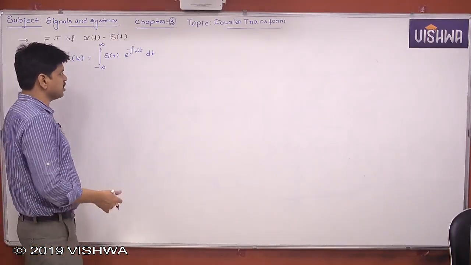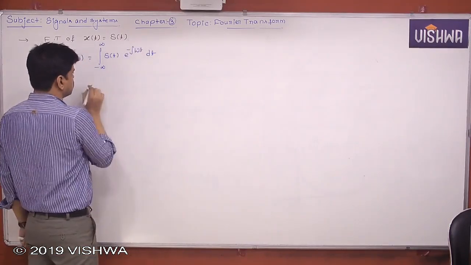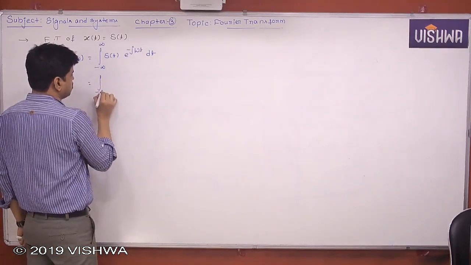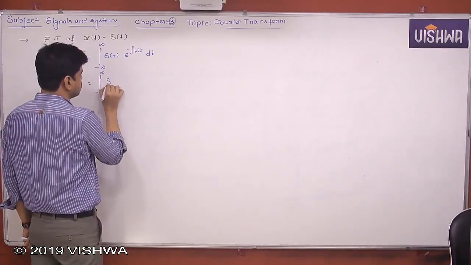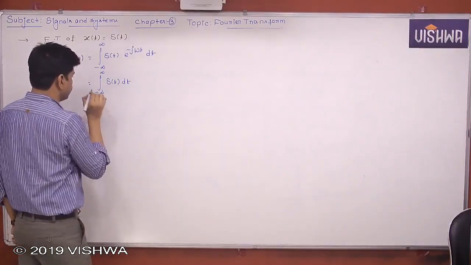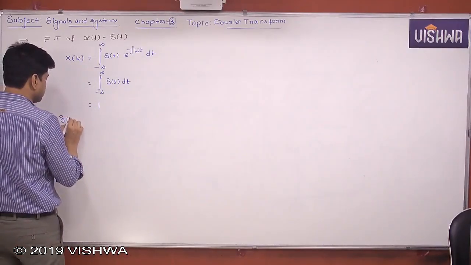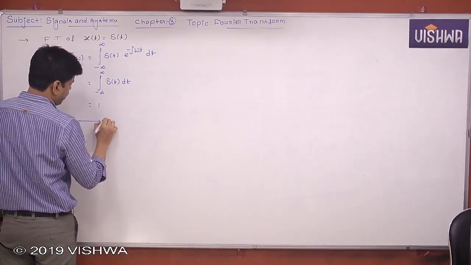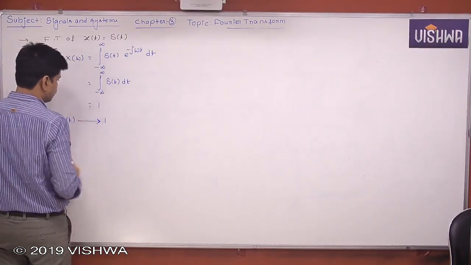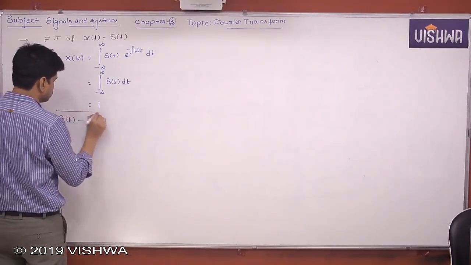We already saw that. So if t is replaced with 0, the exponential is going to be 1. Finally, the integral of delta t dt has value equal to 1. So remember this directly: for the impulse function, the Fourier transform is 1.